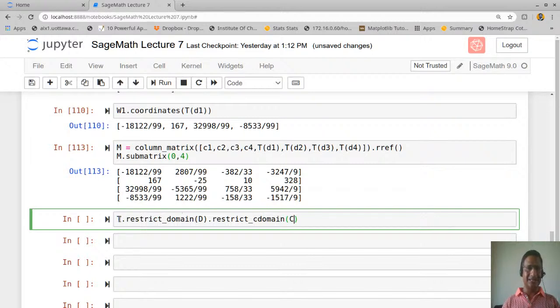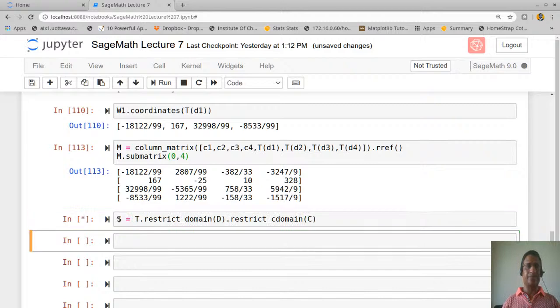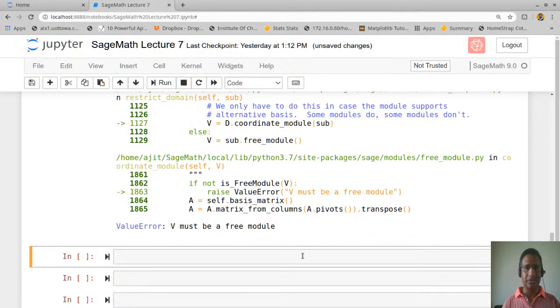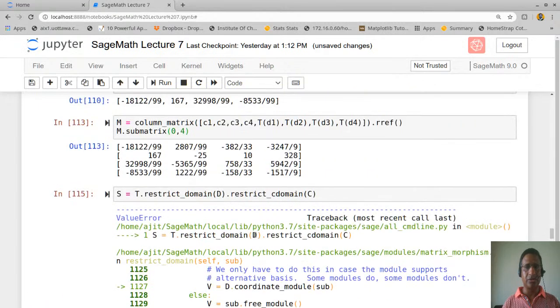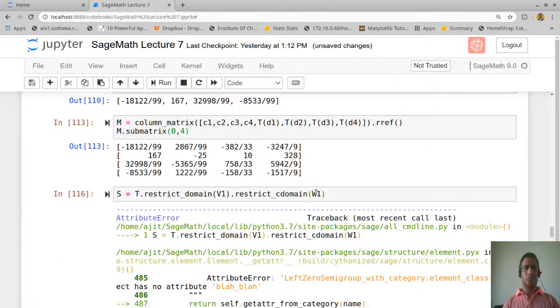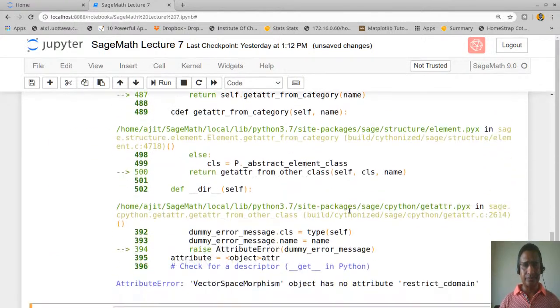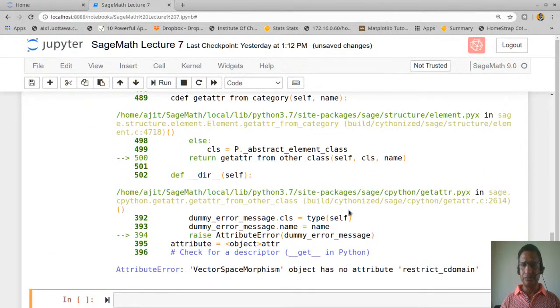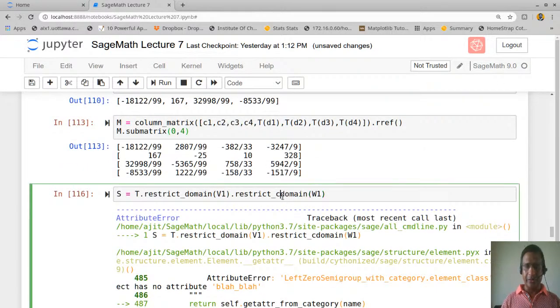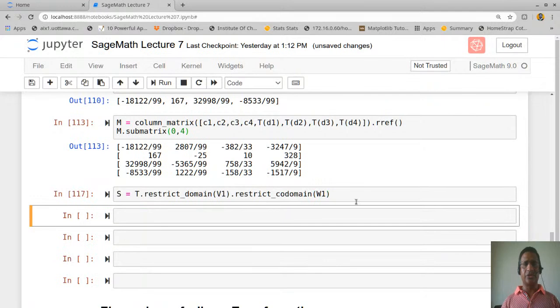Okay, and let me call this capital S. Just 1 second. V is a free variable. No, not d. I have to say V1, and this is W1. What happened? Restrict. Oh, the spelling mistake. So codomain. Right, so this is your S.